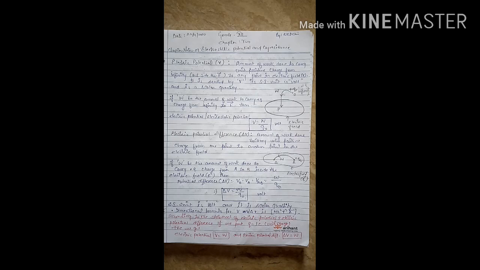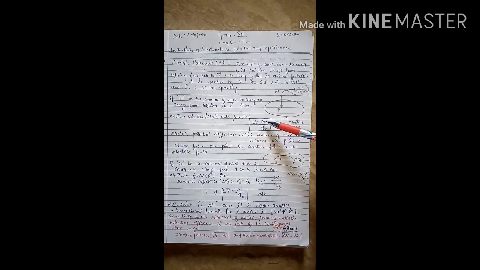Now if we think about the basic definition of electric potential, as we said, electric potential is the amount of work done to carry unit test positive charge. It means that if we substitute the value of charge Q naught equals 1 coulomb, then we get the electric potential V equals W. So we can say that electric potential is numerically equal to the work done to carry unit test positive charge from infinity to the electric field.